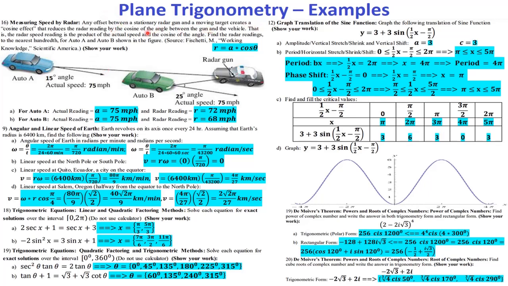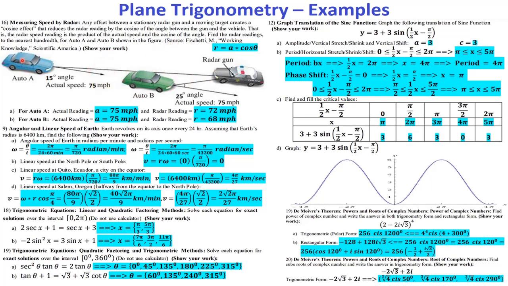When cars are traveling at some speed, then the radar is going to read at some angle, and that reading is going to be less than the actual reading by cosine theta. So cosine theta is between minus 1 and 1. When theta is 0 degrees, then cosine theta is 1, then the reading is going to be equal to the actual reading, but any other angle will be less.